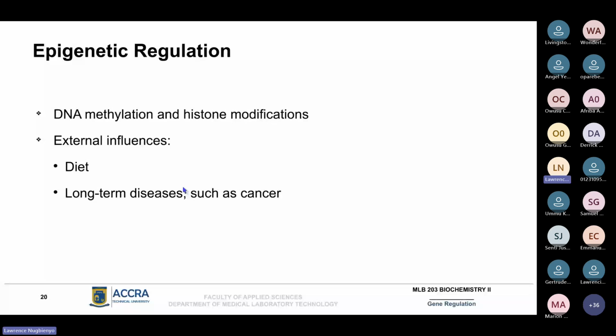Some other things like long-term disease. We talked of some examples with cancer. Some drug, methotrexate, can be causing some form of gene regulation. Sometimes, even apart from the things you take in, it can even be the sort of environment in which you are, the noise.